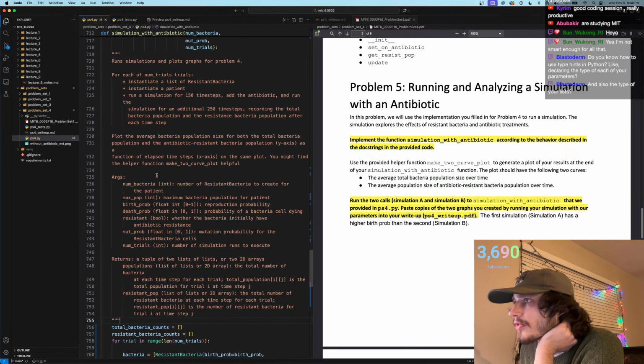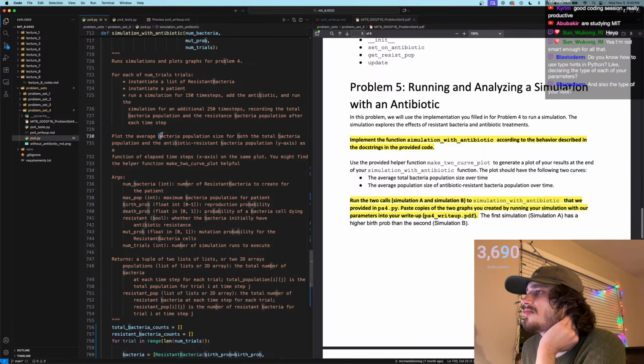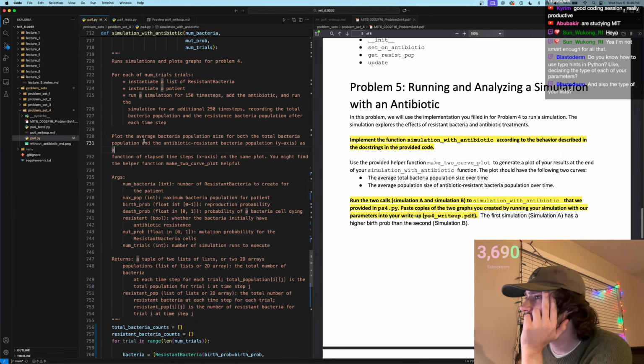Okay, so then we would need to just plot the average bacteria population size. Plot the average bacteria population size for both the total population and resistant population on the y-axis as a function of time.